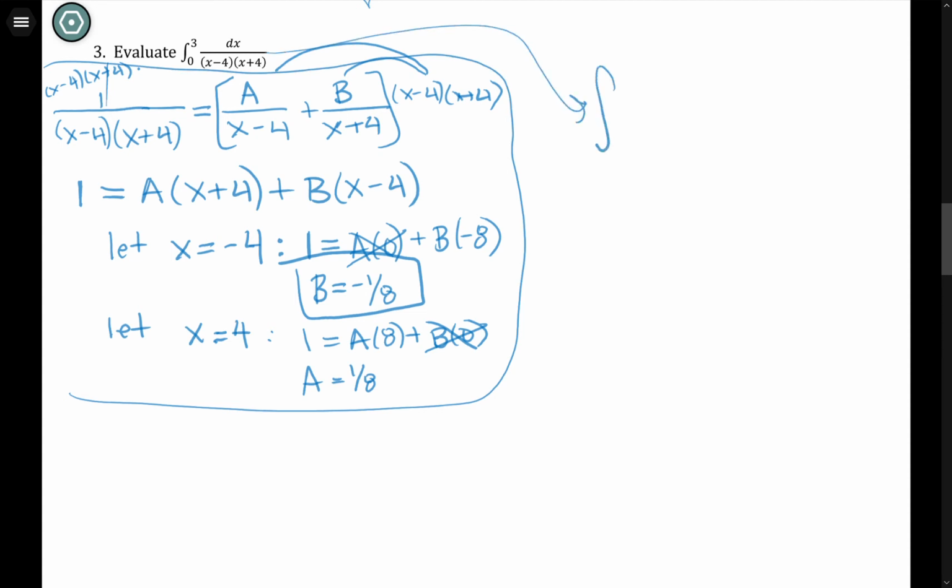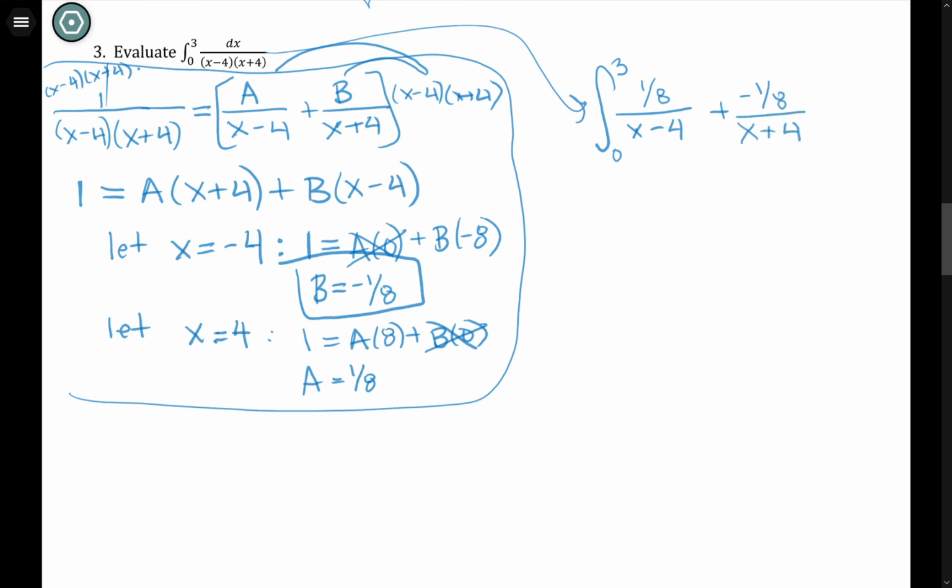But what we just found out is that if we want to integrate 1 over x minus 4, x plus 4, that's the same as integrating 1/8 over x minus 4, and then -1/8 over x plus 4.